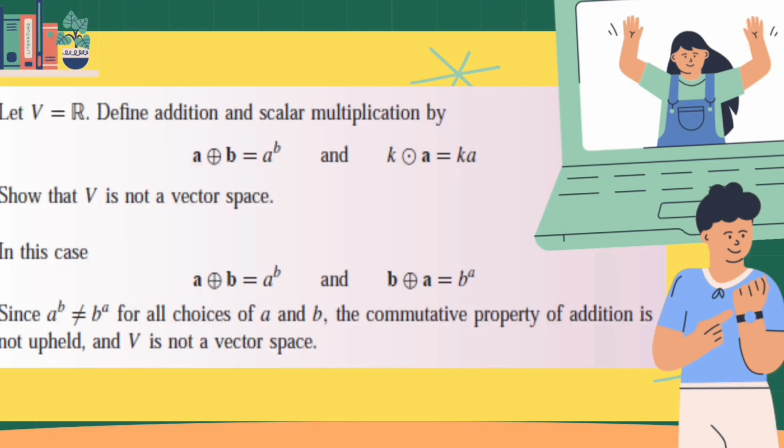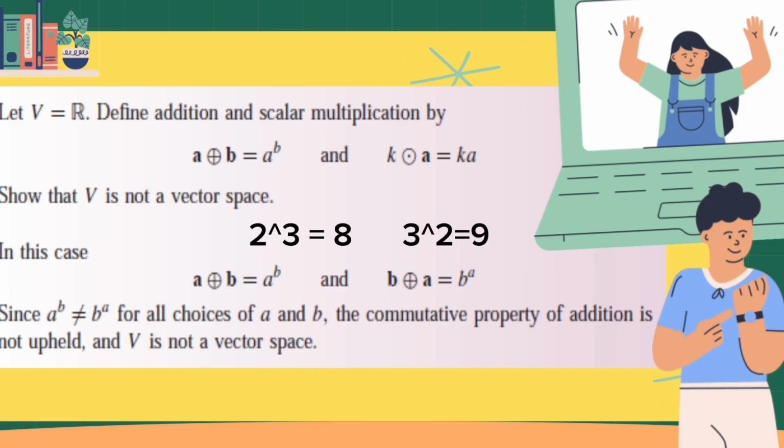Okay, another example. Let V equal R, and define addition and scalar multiplication by a plus b is equal to a raised to the b, and k times a is equal to ka. Check for commutativity. a raised to b is not equal to b raised to a in general.